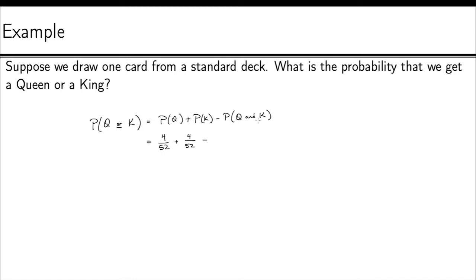If I draw one card, what's the probability that that card is both a queen and a king? Well, it's obviously 0, right? There's 0 ways that we can draw one card and end up with both a king and a queen. So 0 out of 52. All right, so this is 8 out of 52, or 2 out of 13.